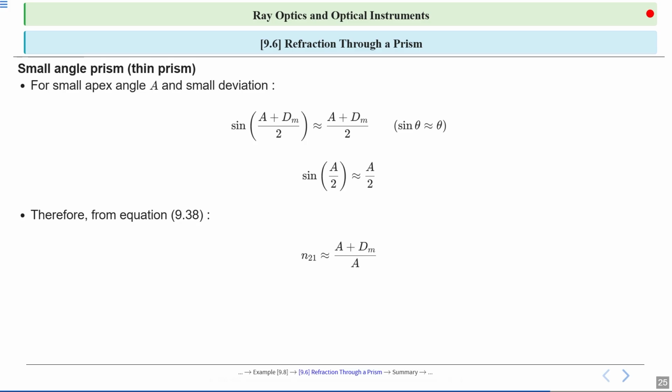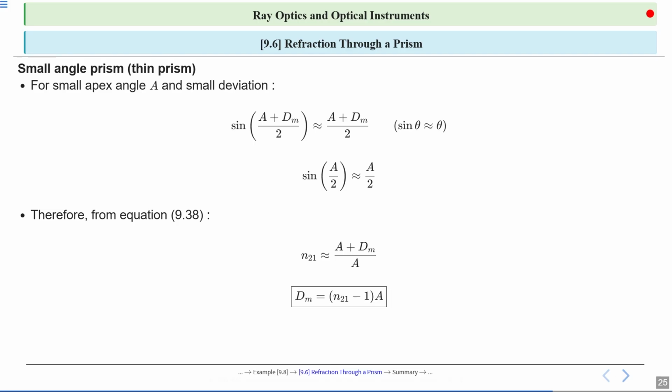So, refractive index denoted as N21 is approximately the ratio of the sum of apex angle and minimum deviation to the apex angle. This relationship is key to understanding how a prism bends light.